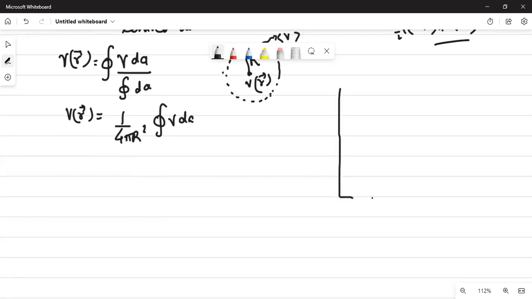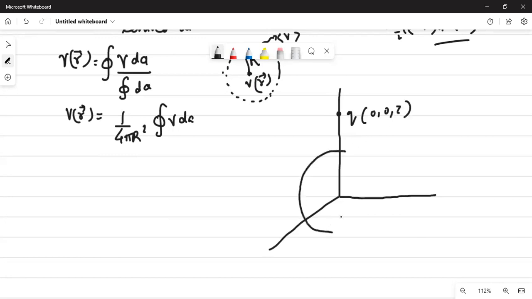So for example, let us consider a charge q at 0 comma 0 comma z. I'm considering a charge at 0, 0, z, and let us first try to find the average value of potential due to this point charge over the spherical surface.